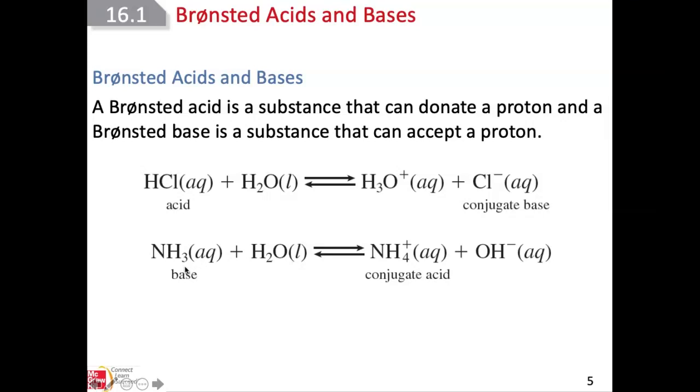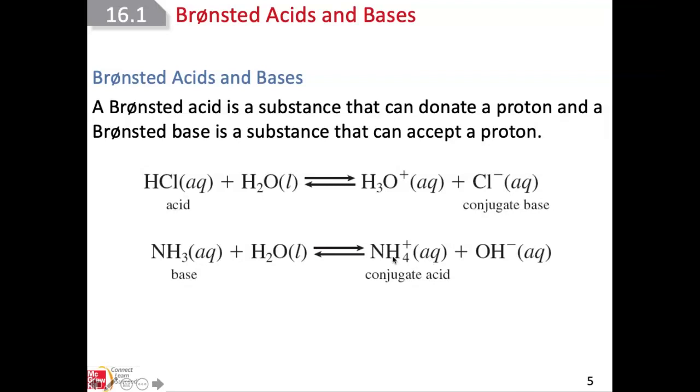So NH3 is a base. We call it a base because, according to the definition, it can accept a proton. That's what it will do from H2O. H2O can donate H plus to NH3, and take a look at what happens to NH3. NH3 plus H plus becomes NH4 plus.